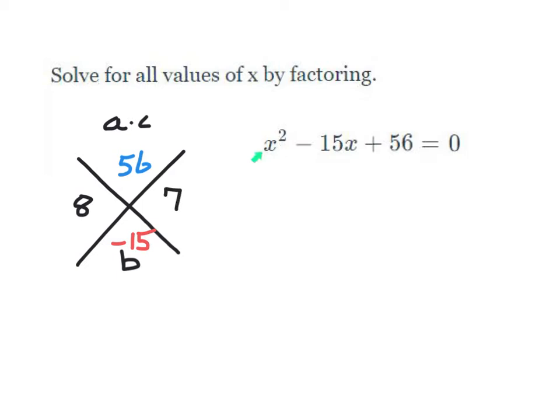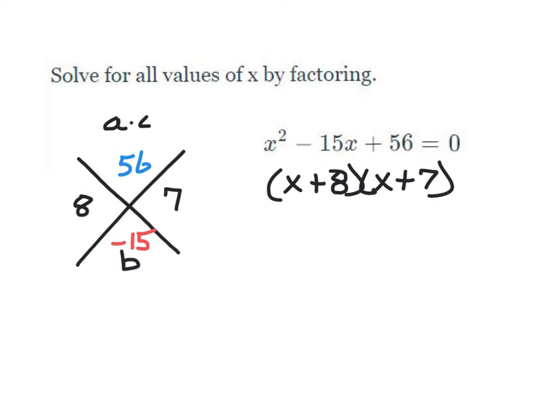And again, when a is equal to 1 and you factor it, it's as simple as x plus this number and x plus this number, or these are both positive. So when we factor this original, our factors are going to be x plus 8 times x plus 7. All right.